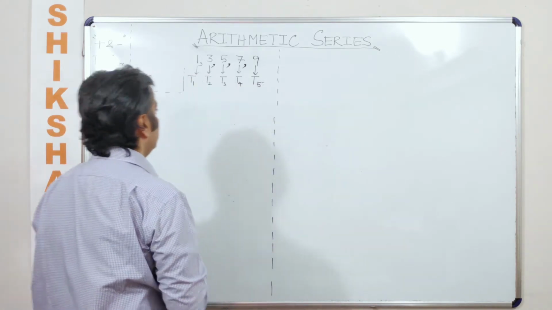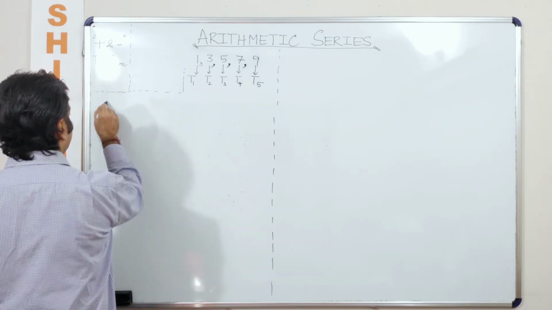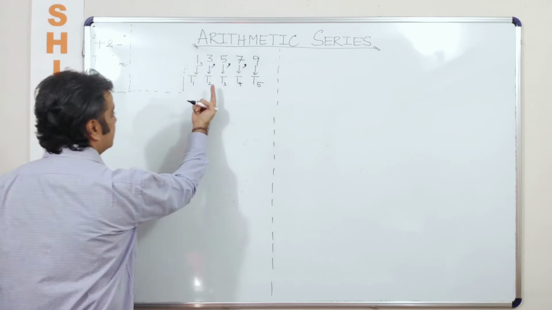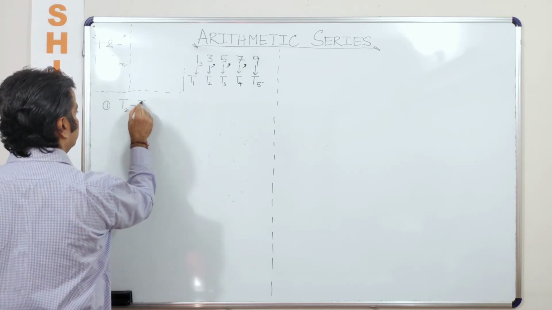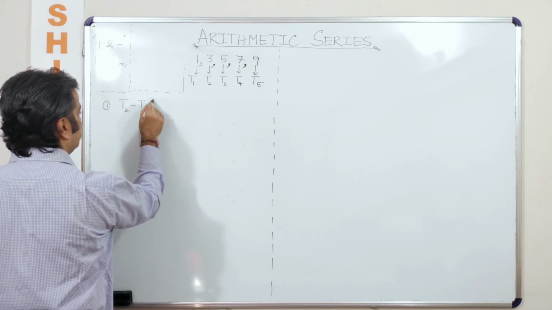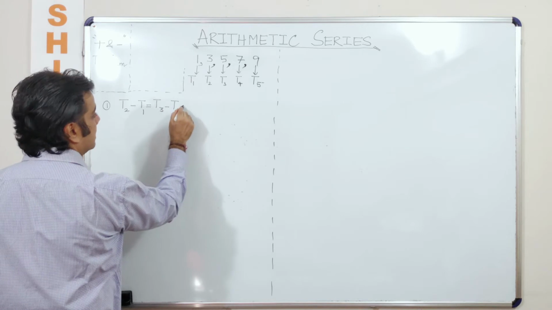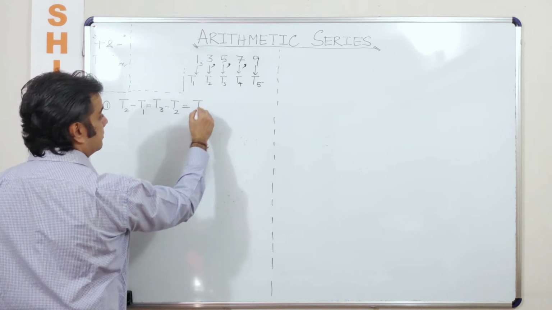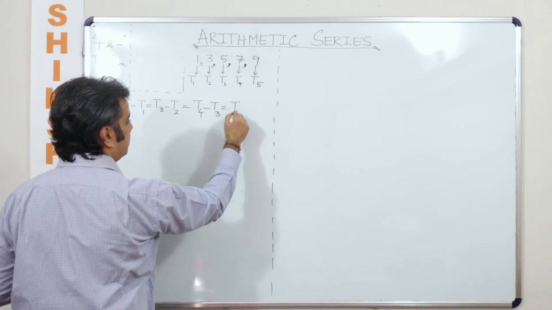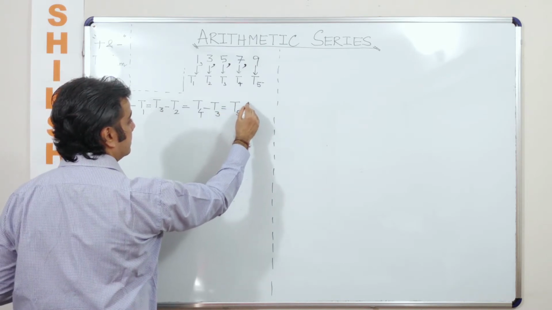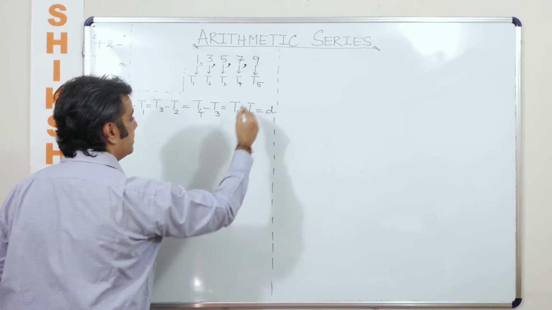Now that we have used the terms here, the first thing I can write is, can I say the second term minus the first term is the same as the third term minus the second term, is the same as the fourth term minus the third term, is the same as the fifth term minus the fourth term, which we call the common difference.